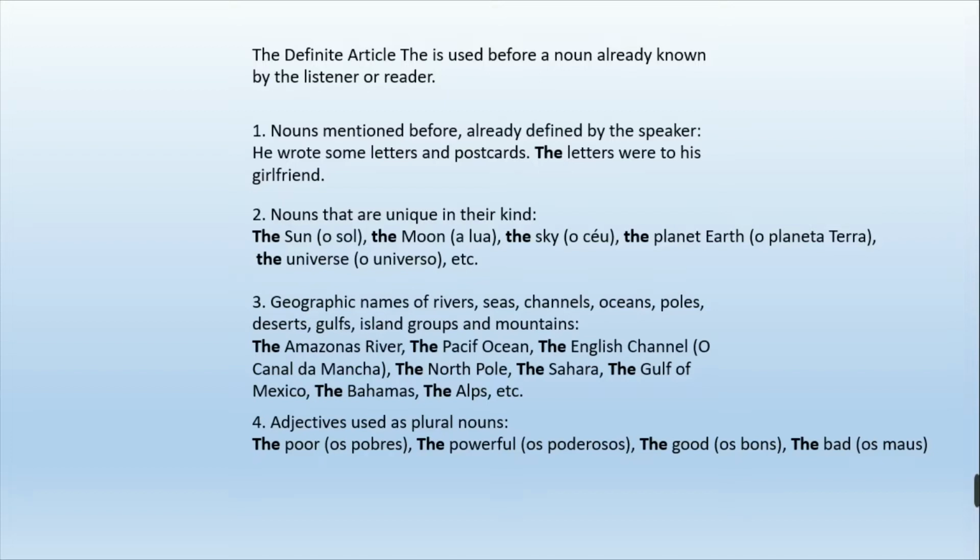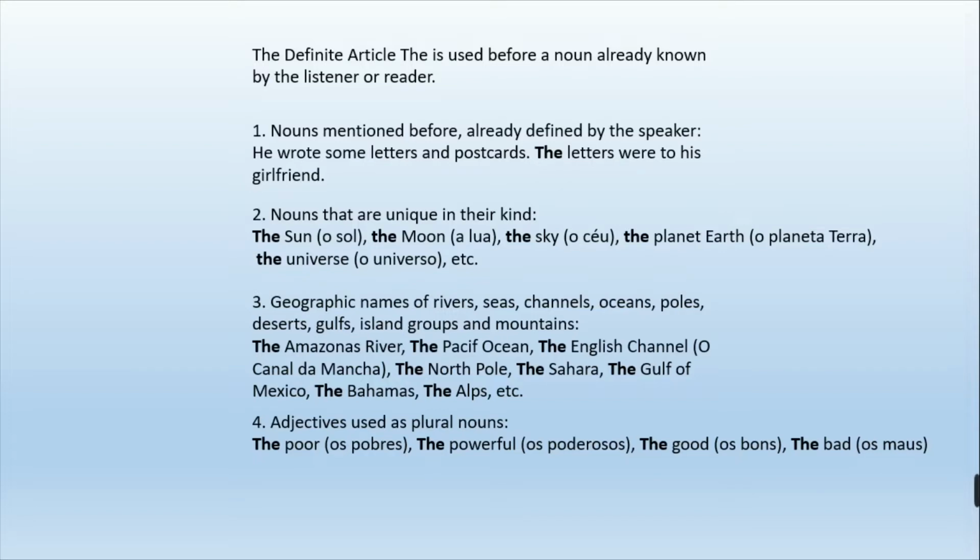But what we can do, we can use adjectives as nouns in the plural. So every time you say the beautiful, yes, the beautiful, os belos, the intelligent, os inteligentes, the rich, os ricos, the famous, os famosos.